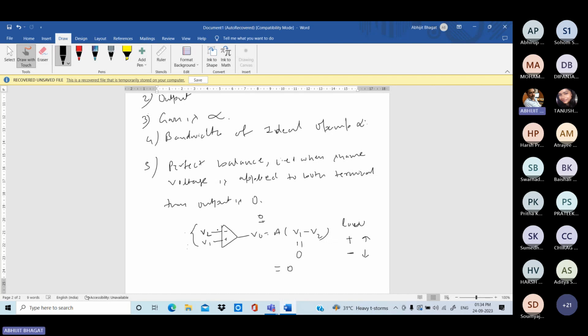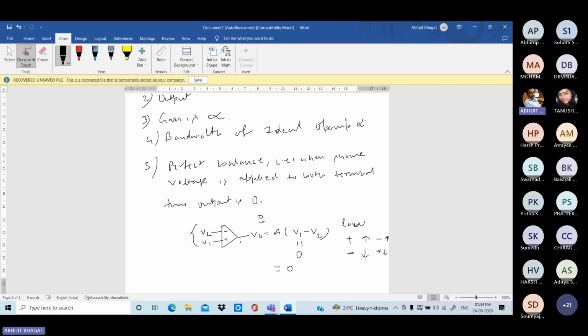And if the output voltage is negative for the same input voltage, it means your negative terminal weightage is high and positive terminal weightage is low.